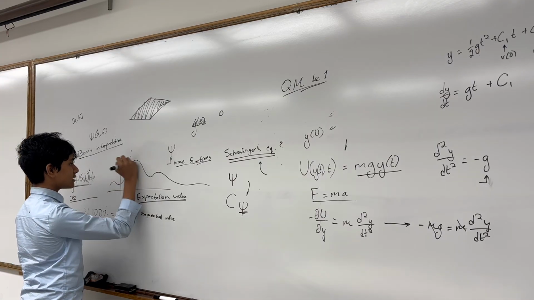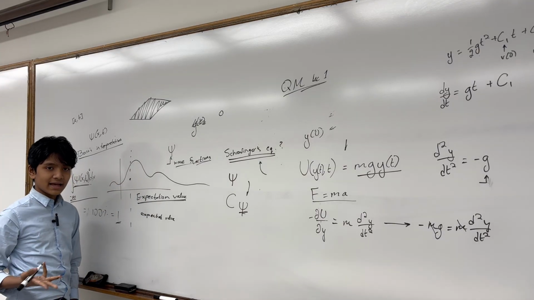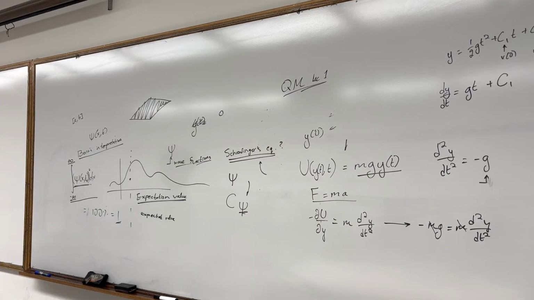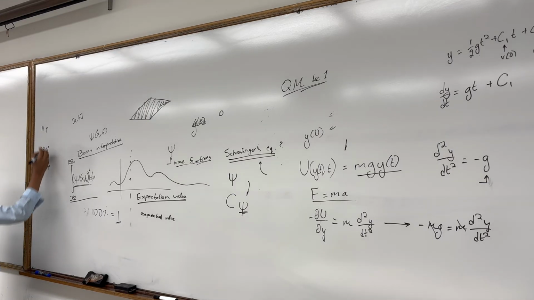Now, of course, that doesn't always mean the particle is exactly at this point. To take an analogy, let's say you have a 14-year-old and a 20-year-old, and what's a number that would fit nicely? A 36-year-old, all in one room.